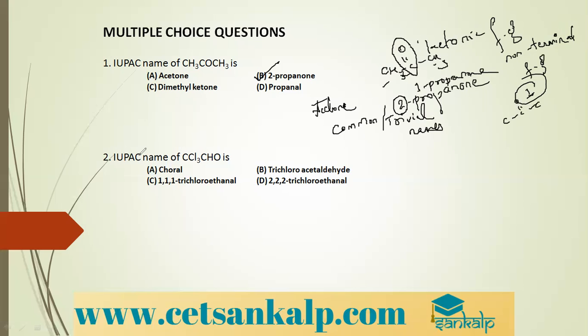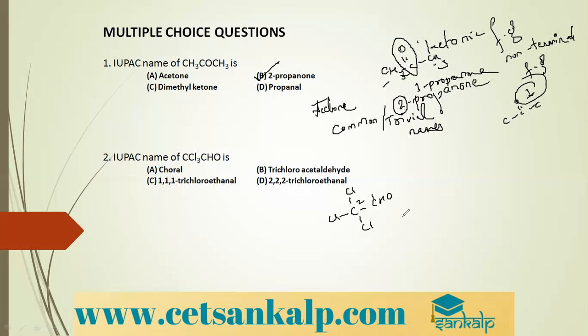Even the next compound, the IUPAC name of CCl3CHO. So let us break it out. CHO is the functional group, and on this carbon there are 3 chlorine atoms. Numbering always starts with the functional group.